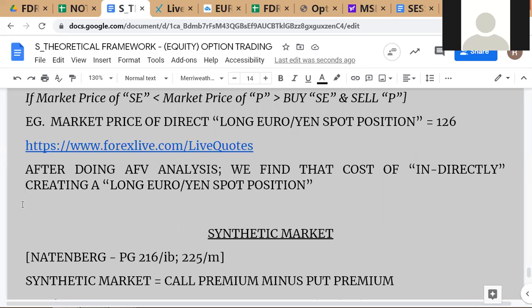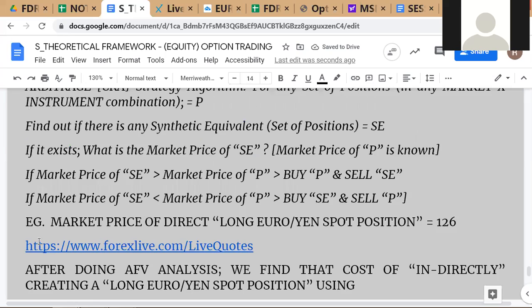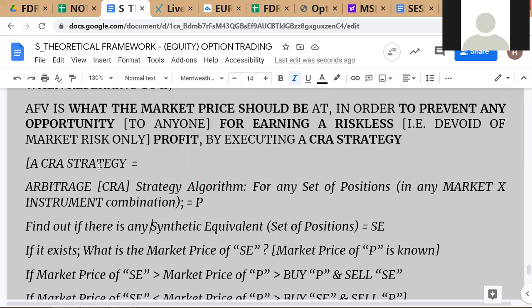Okay, so we find that the cost of indirectly creating a long euro yen position, again, I'm going to try and avoid writing that word. Okay, figure.